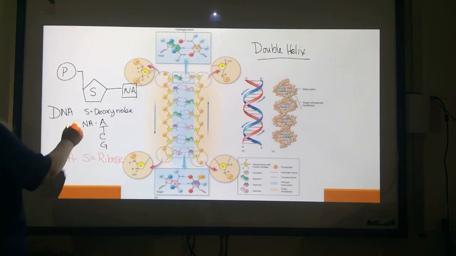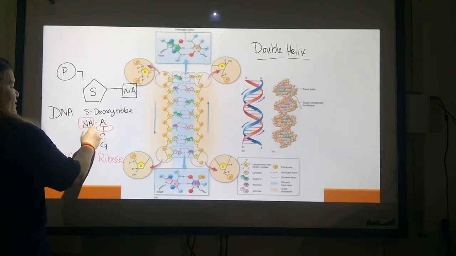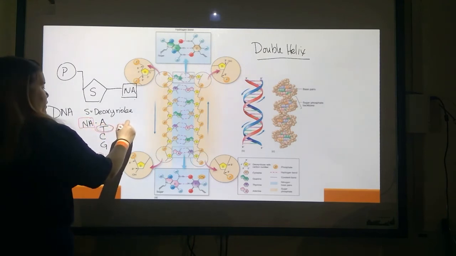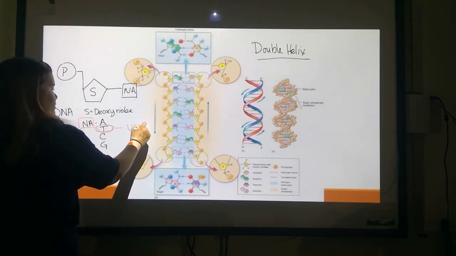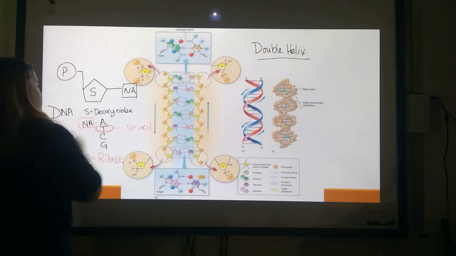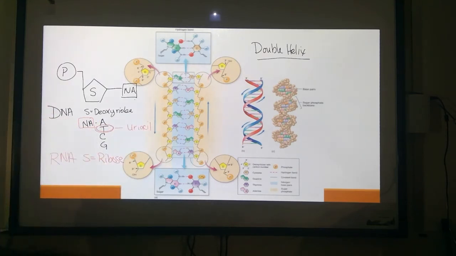And while most of the nucleic acids would be the same, this one is different. This one would be uracil. Uracil is unique to RNA. Thymine is unique to DNA.